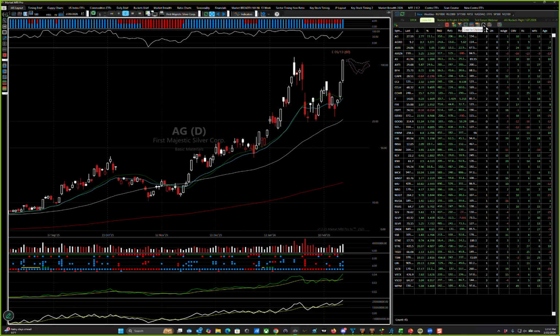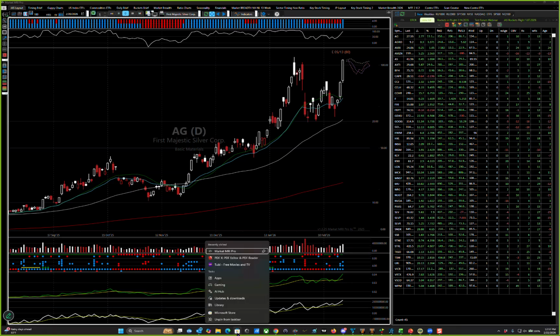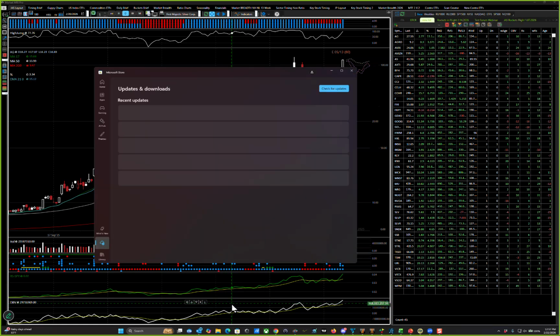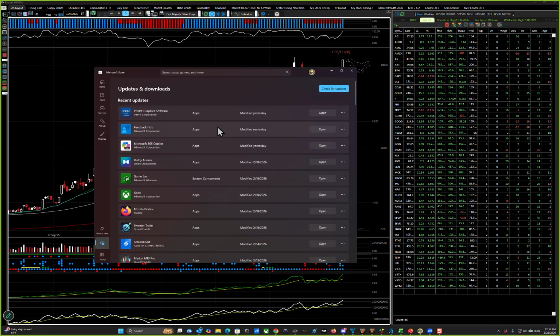Samir, if you don't have all the icons I have, and again, I was told by Praveen that he updated everybody to 23. You have to go into updates and downloads in the Windows Store, and again, I get my own versions, which are no different than yours, except I try. All right, you're up to 25. So if you have 25, you should have all the icons. So go into the Windows Store and check for updates.